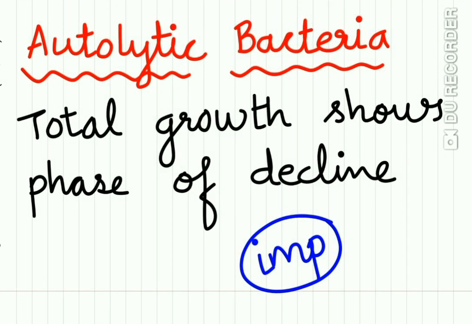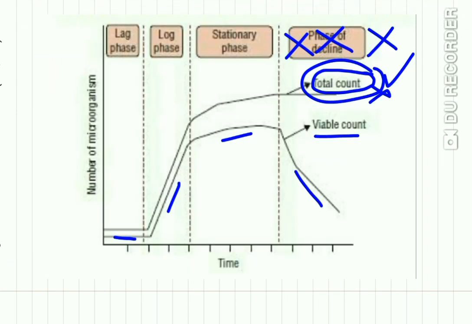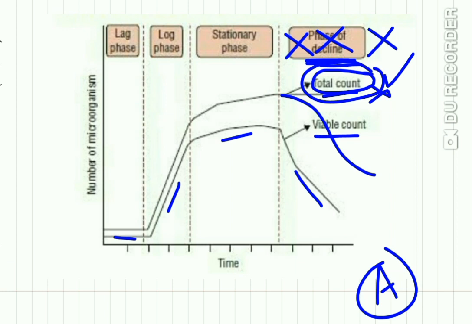But you should know here an important point, that in case the bacteria are autolytic, the total growth shows the phase of decline too. So if the bacteria grown are autolytic, then this phase of decline does exist for the total count too.